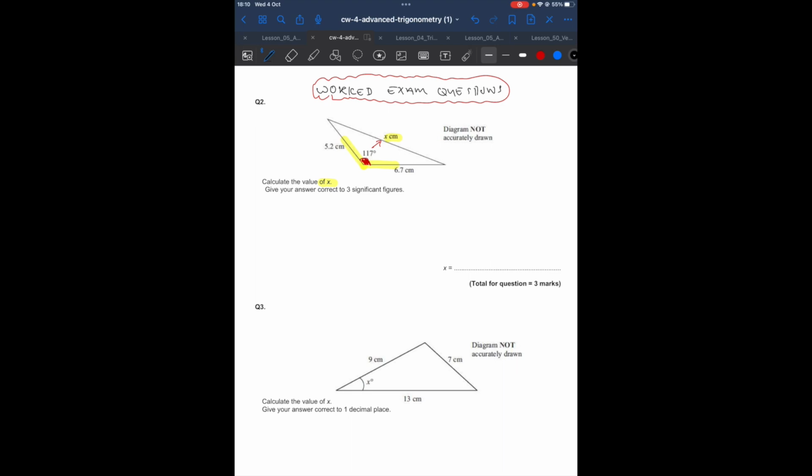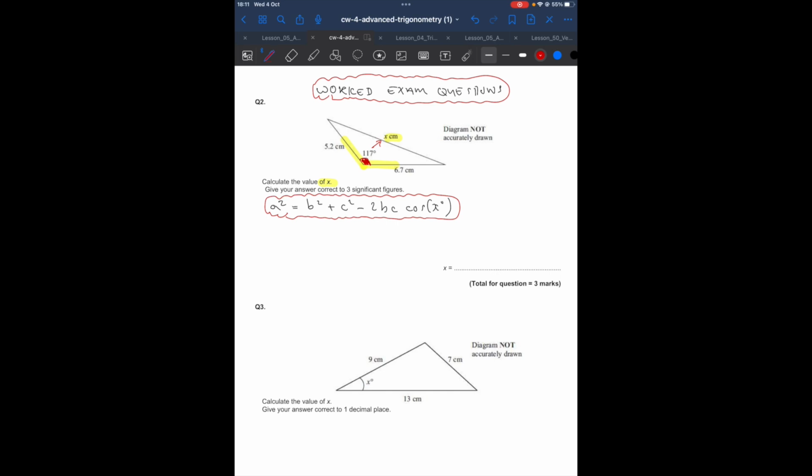And the cosine rule you grab from the formula sheet is a squared equals b squared plus c squared minus 2bc cos x. That's the cosine rule used to calculate a length. And that's what you're going to get in the formula sheet.